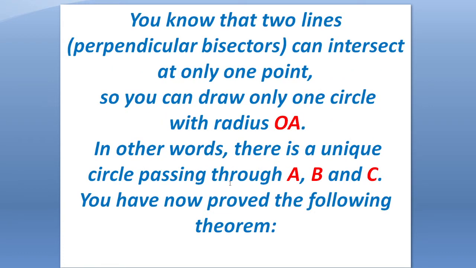So you know that two perpendicular bisectors can intersect at only one point. So you can draw only one circle with this radius, that means OA.